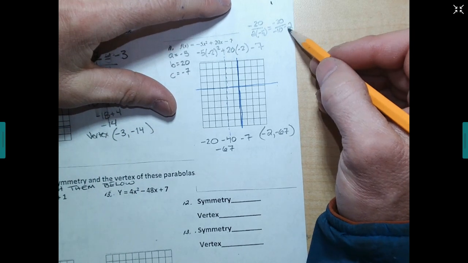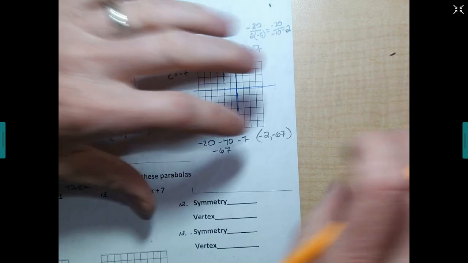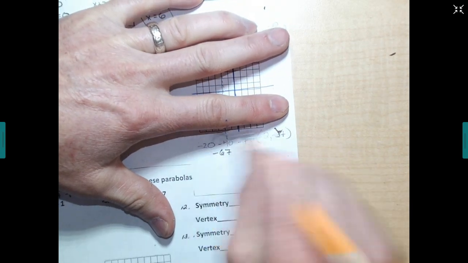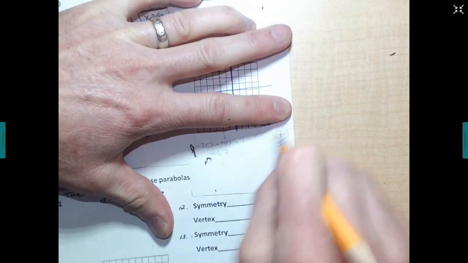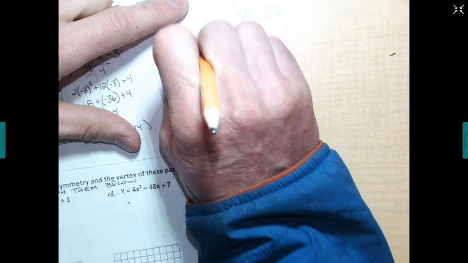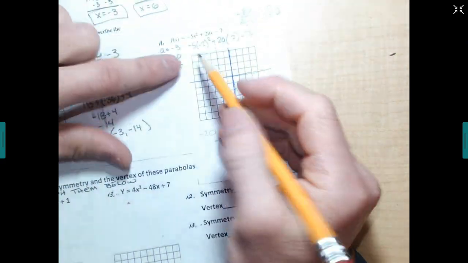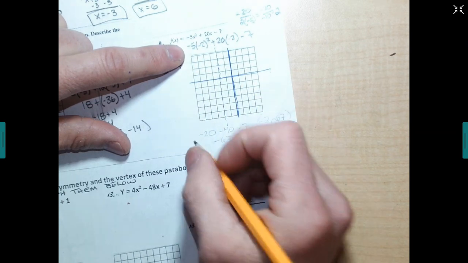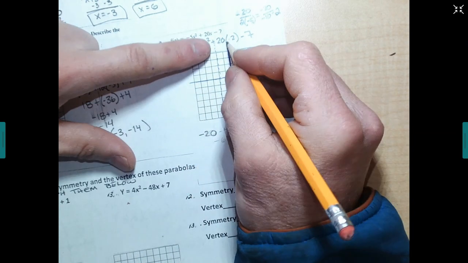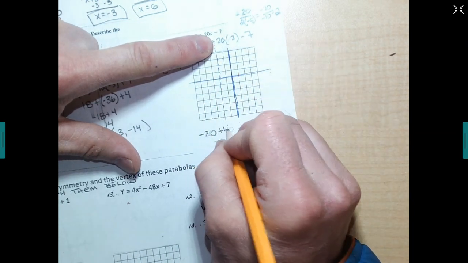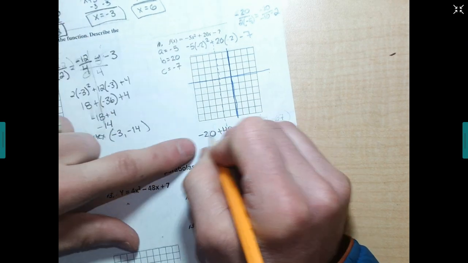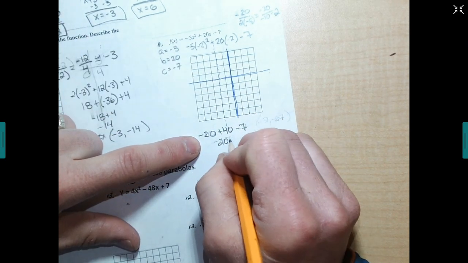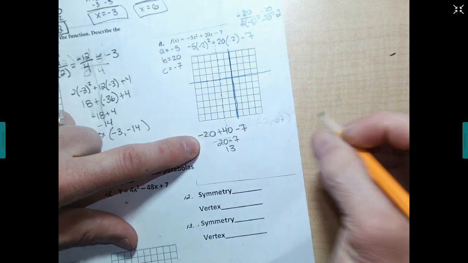Oh, it's not a negative 2. That's a positive 2. Come on, Blue. Get your act together. Not a negative 2. It's a positive 2. So we have 4, so this is negative 20, and this is 40 minus 7. So now we have 20 minus 7, so we have 13.